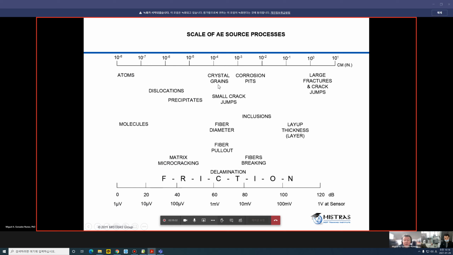Then when we start to deal with movement of crystal grains, the formation of corrosion pits, or the large fracture of crack jumps, the amplitude of the signals is much larger. When we have breaking off of precipitate or non-metallic inclusion, you see also the equivalency of those amplitude signals.